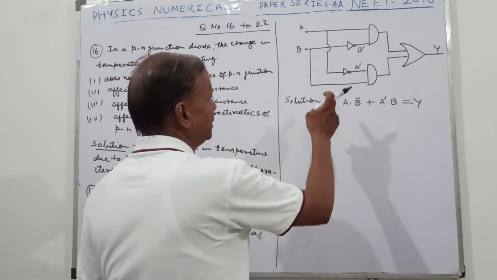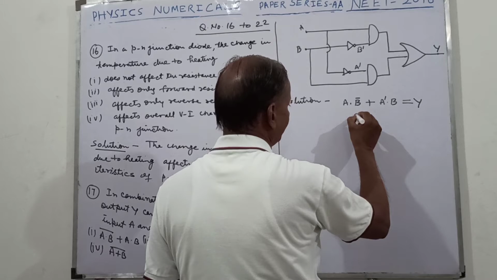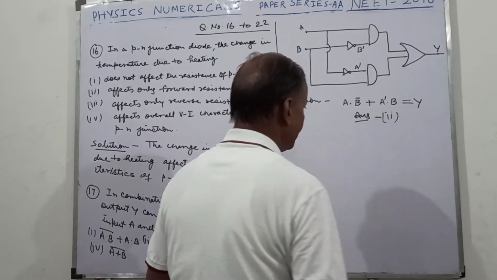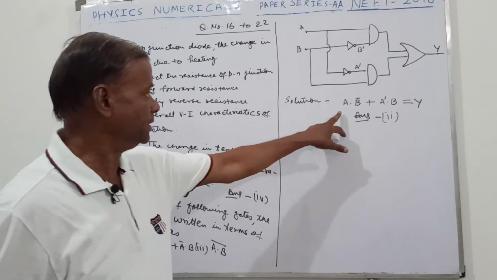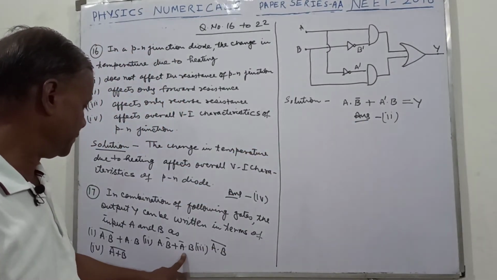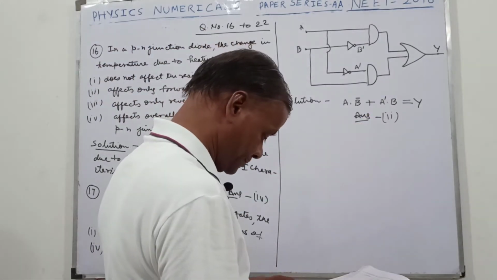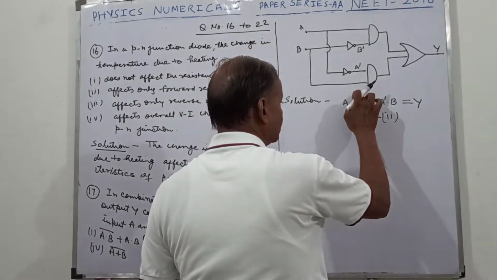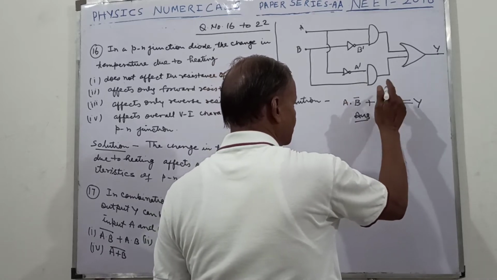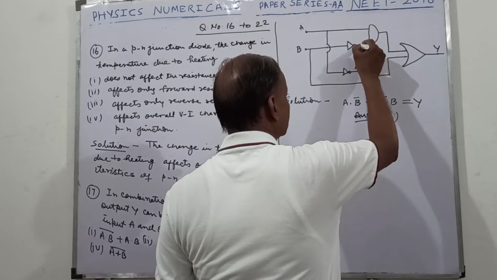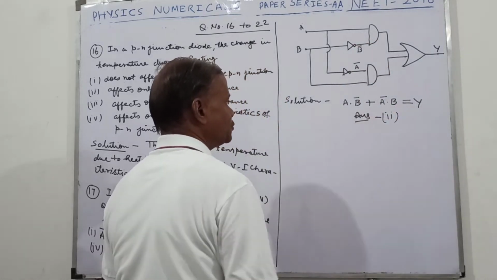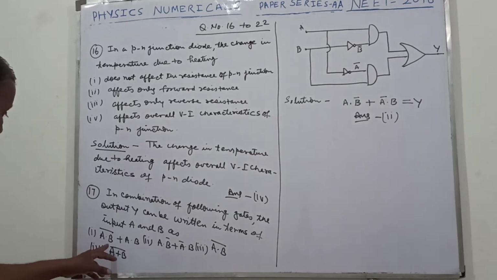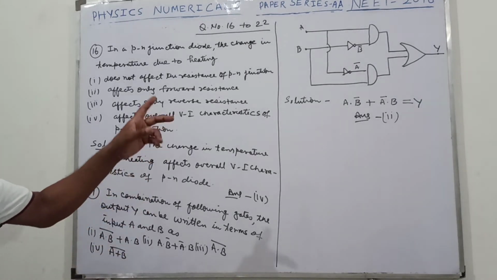So what we have? Our right answer goes to the second option, A dot B bar plus A bar dot B. And the remaining options are not correct because in the first, A dot B is not given here.